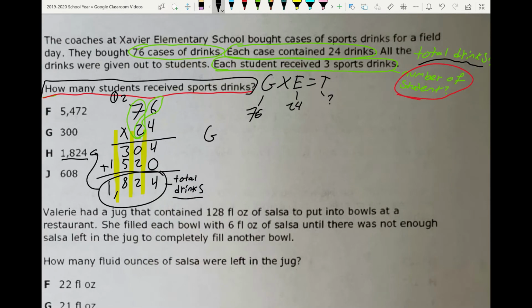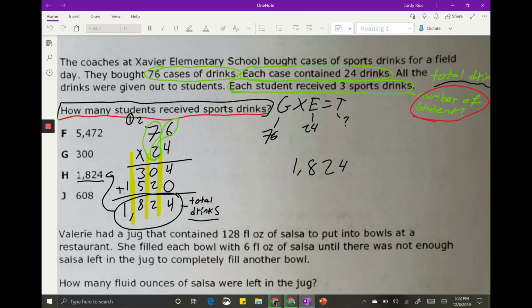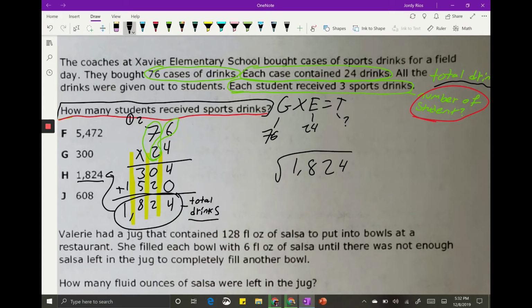Again, let me do my G times my E equal my T. Okay, so we know that this is my total drinks. If we know that the 4 is my total of sports drinks, but the question is asking how many students receive sports drinks, well, I also know that each student receives 3 sports drinks.